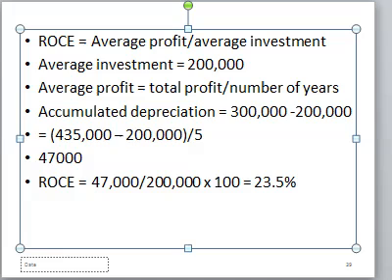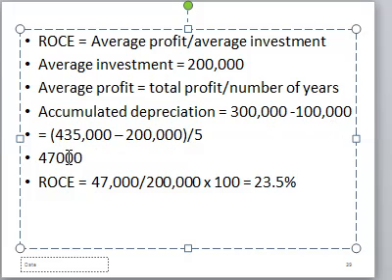So our total profit, you can add the profits from the different years and get our total profit, and our number of years was 5. So to get accumulated depreciation, you can get the total value of the asset minus the residual value, then you get your accumulated depreciation of 200.